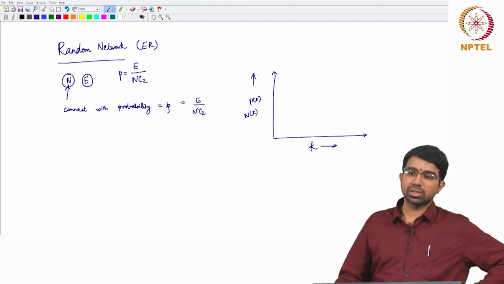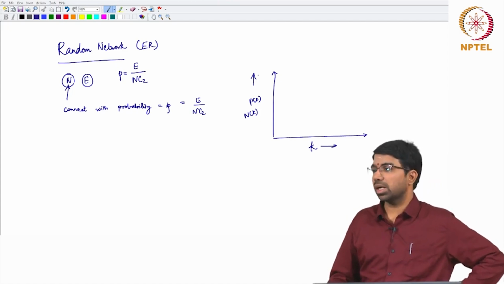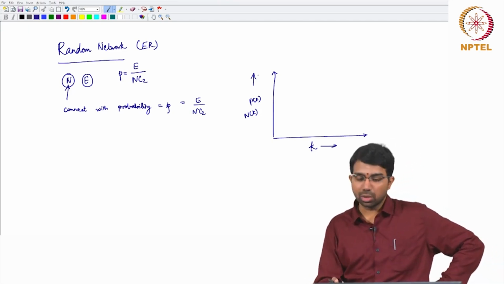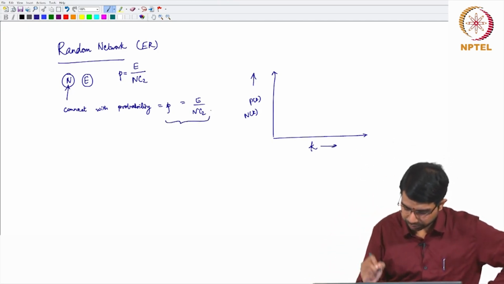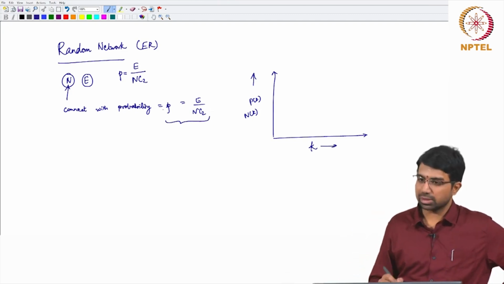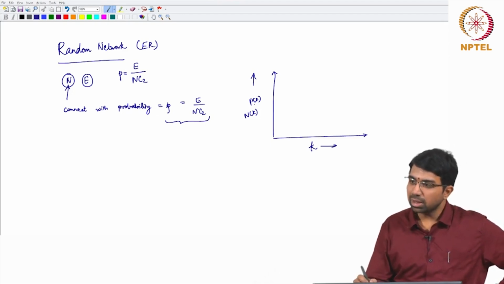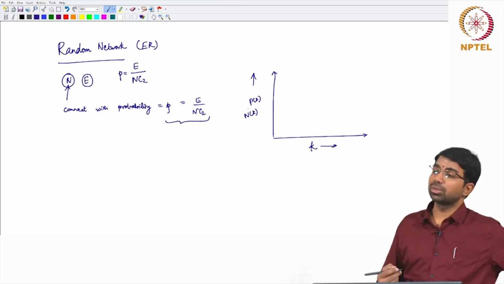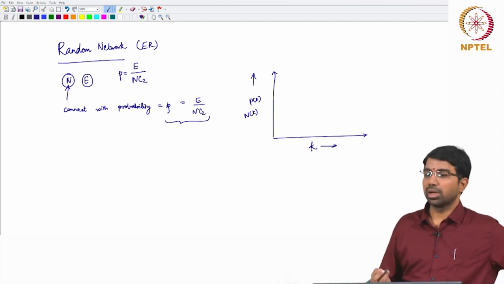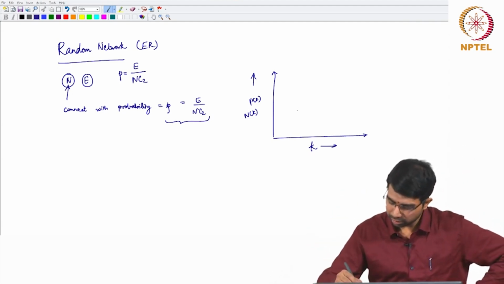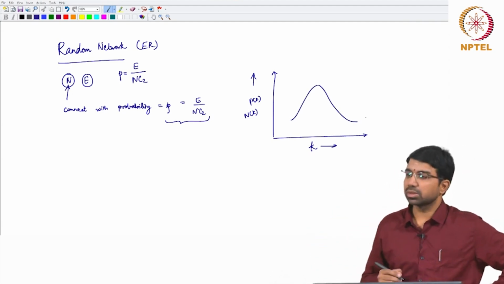A common mistake is to assume that the degree distribution might come out as uniform, because we are connecting every node with probability p. But if you look at it closely you will see that it is like tossing a coin, you have a probability p of success, and what are you counting? The number of successes for a given node. So, what is that going to look like? A binomial, or it will start looking like a Poisson, somewhat like this.